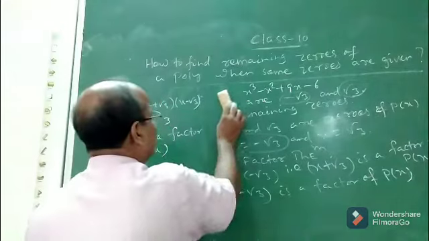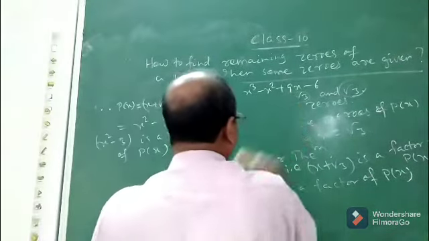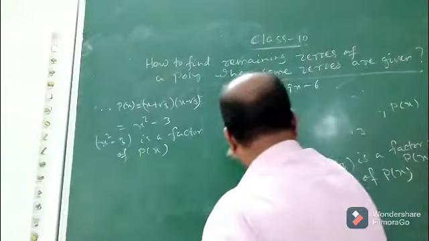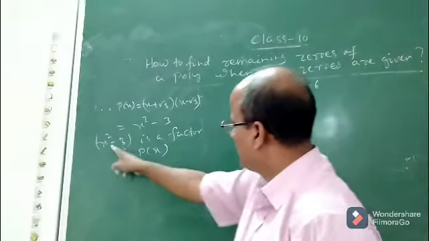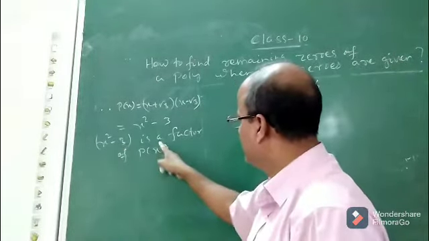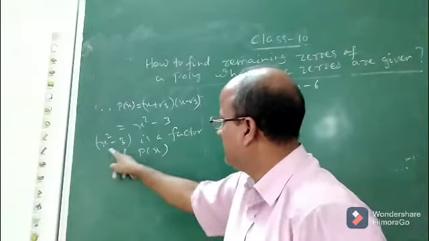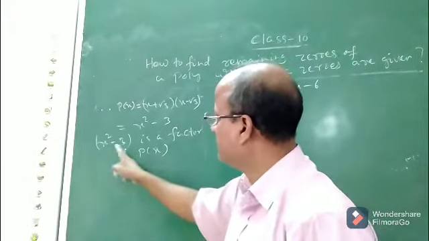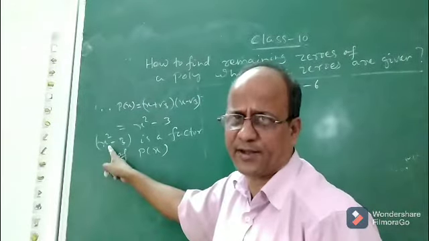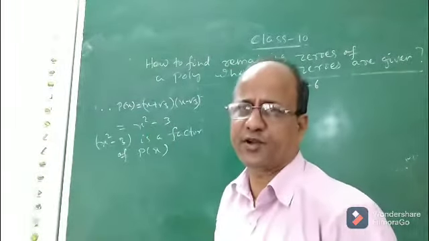Okay. Now see, children, what is the next step? We got x square minus 3 is a factor of p of x. Now if x square minus 3 is a factor of p of x, then p of x divided by x square minus 3 will definitely give you 0 remainder.